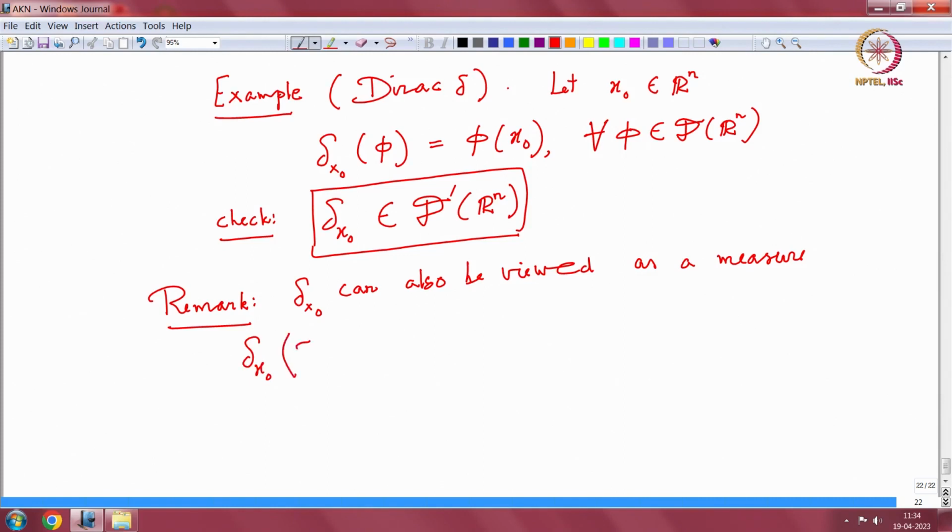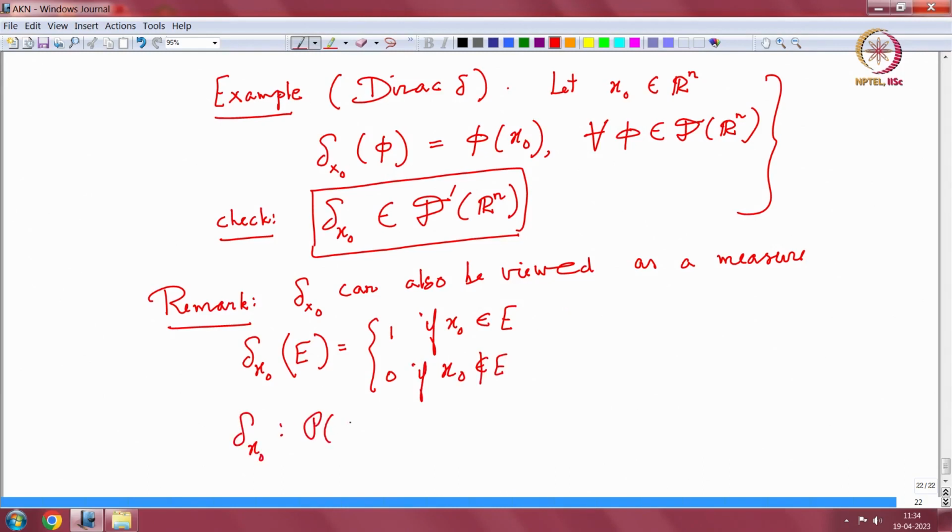You can define delta of x naught acting at E is equal to 1 if x naught is in E, and 0 if x naught is not in E. So, what we defined earlier as an example was delta x naught as a mapping on D of R^n, but now delta x naught is a mapping from the power set of R^n to R, and you can verify it is indeed a measure, as you would have studied in measure theory, subadditive and all that.